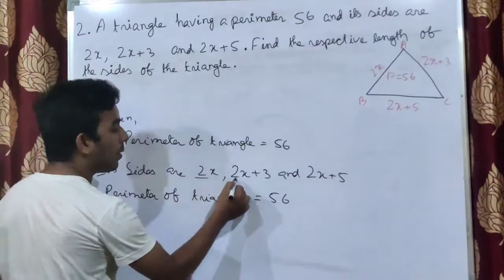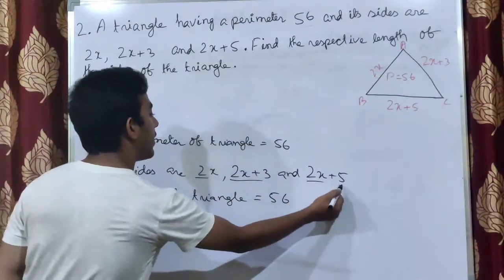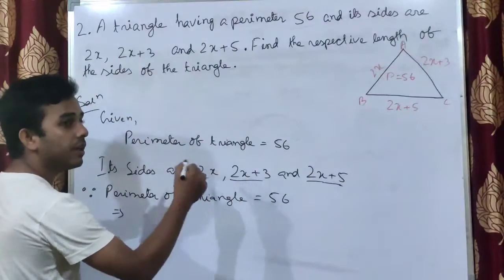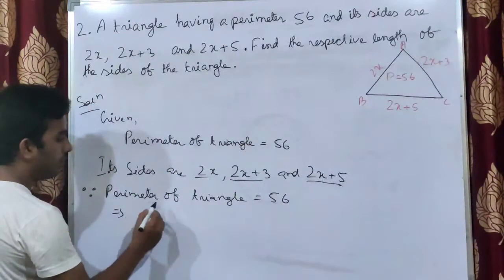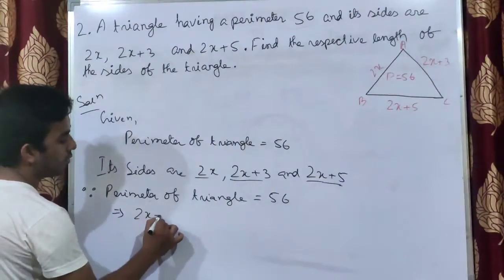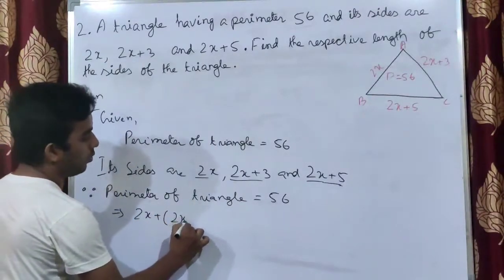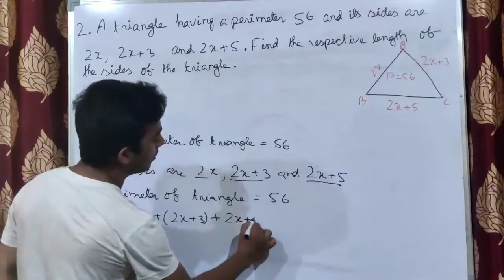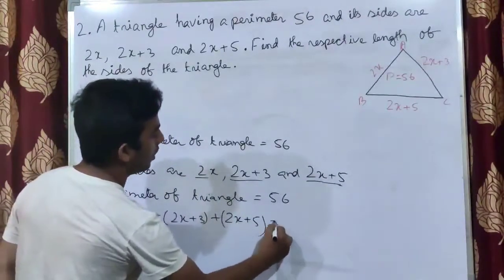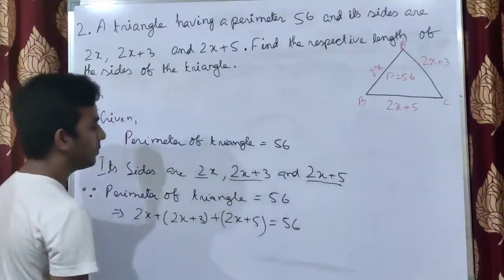These are expressions, right? Sum of all these expressions. So the perimeter of the triangle means the sum of all these sides, that is (2x) plus (2x plus 3) plus (2x plus 5) equals 56.